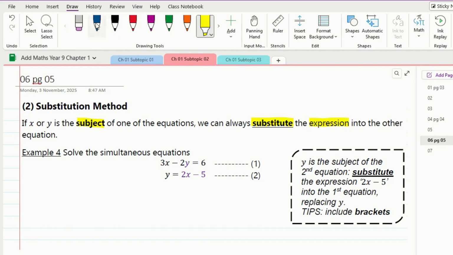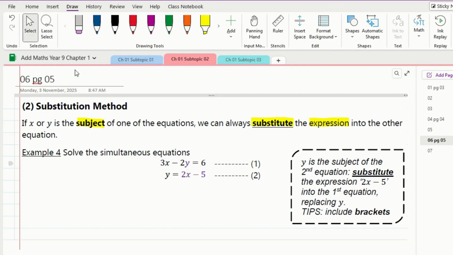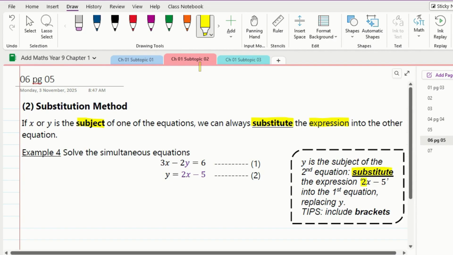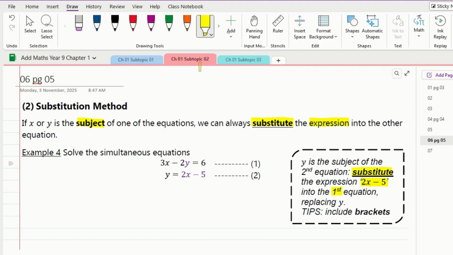So here, for example, if you have 3x minus 2y equals to 6 for the first equation, and as for the second equation, you have the subject y equals to 2x minus 5. So what you're going to do is substitute the expression 2x minus 5 into the first equation, effectively replacing the y in the first equation.